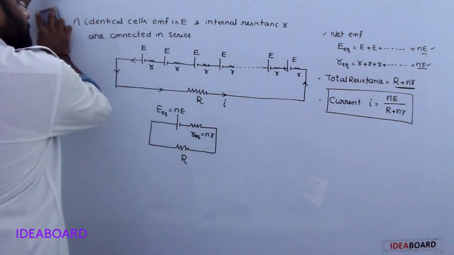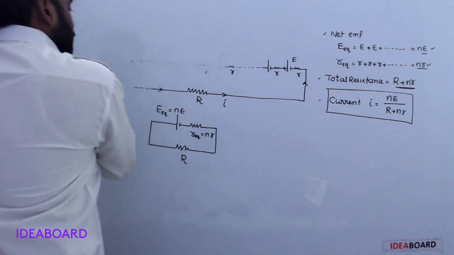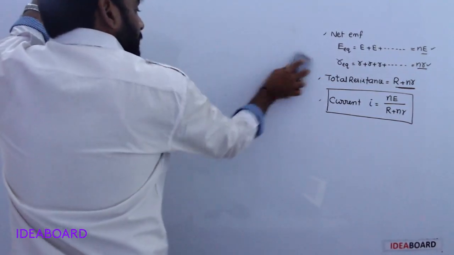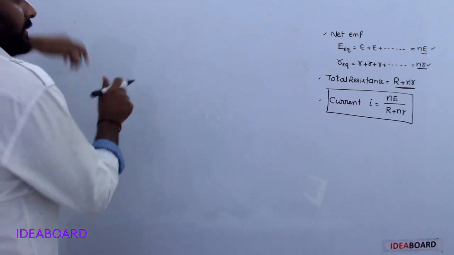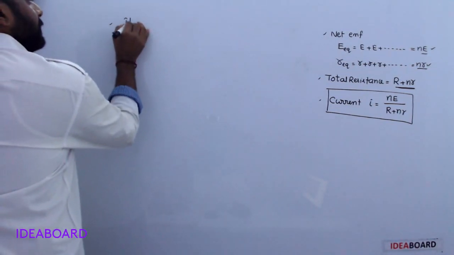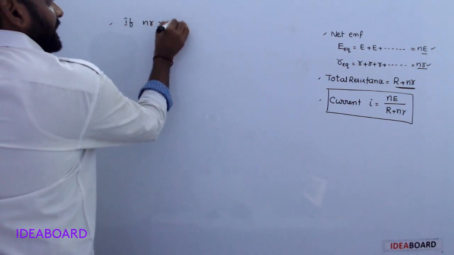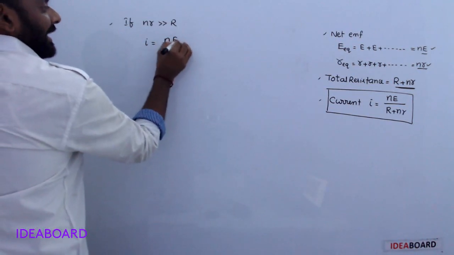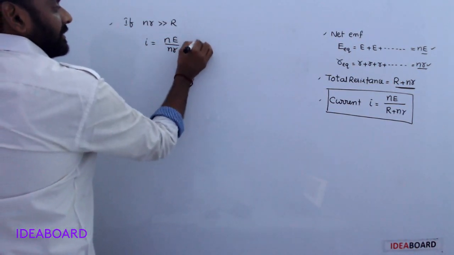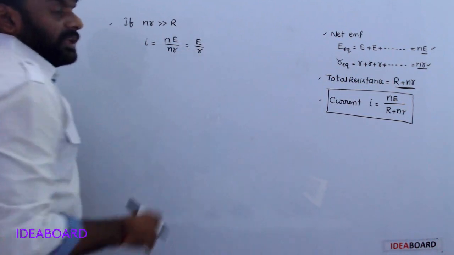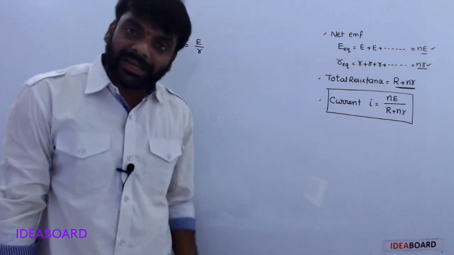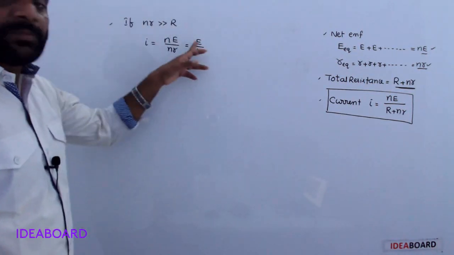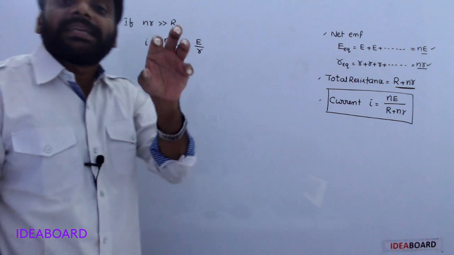Now in this case, if Nr is very much greater than capital R, then I is equal to NE by Nr, simply E by r. If internal resistance is more in series combination, the current drawn is approximately equal to the current drawn by a single cell.